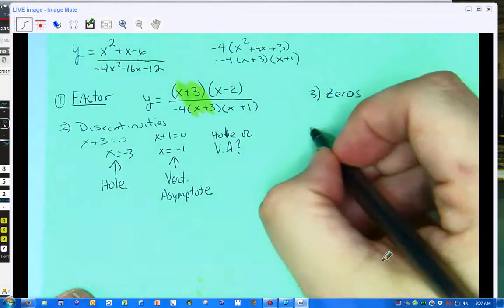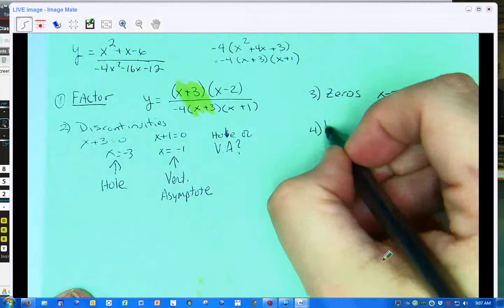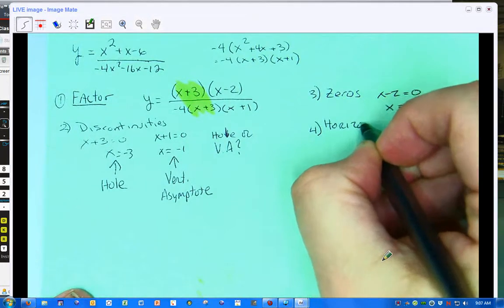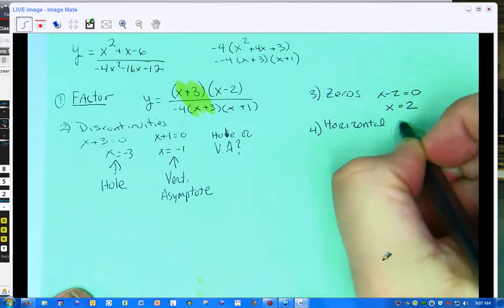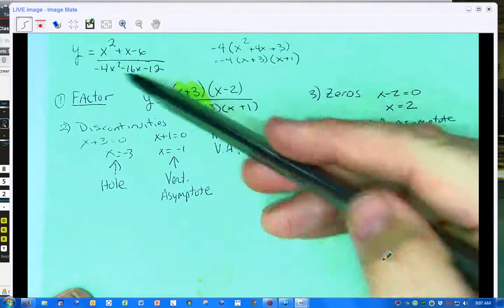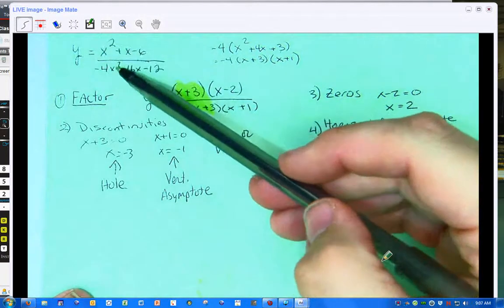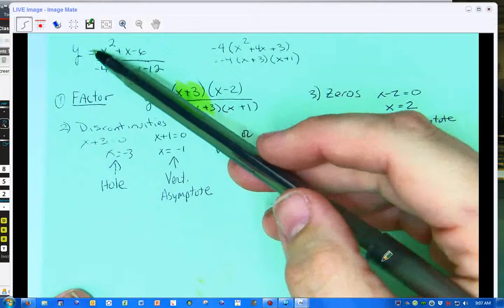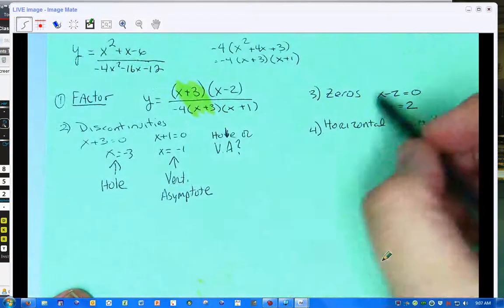My horizontal asymptote: since I have x squared and x squared, same power, I just take the lead coefficients.